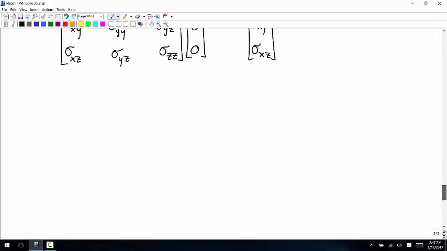So let's do one on a negative face. So let's say negative y face. So I'll take this stress tensor.